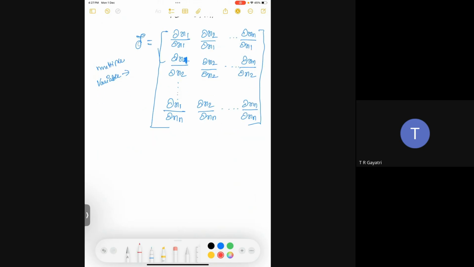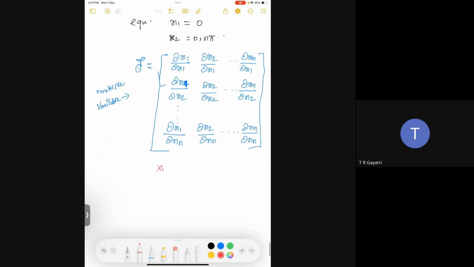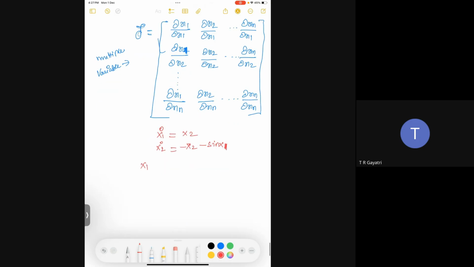We are going to find the Jacobian matrix for your original state space representation. Our system, x1 dot equal to x2, x2 dot equal to minus x2 minus sin x1, can also be written in terms of a matrix: x1 dot, x2 dot equal to 0 1, minus 1 minus sine.